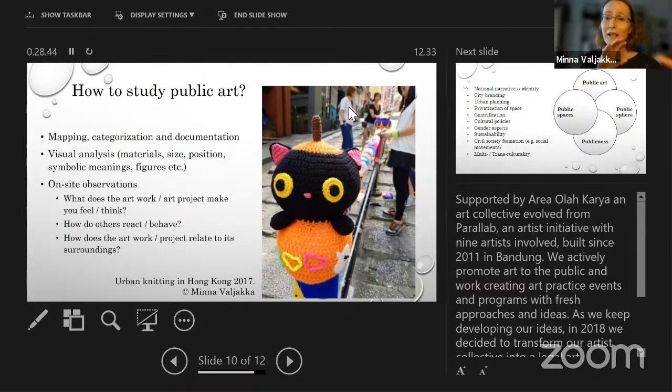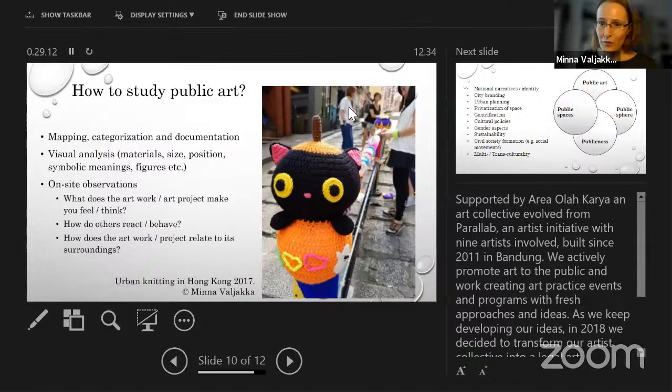Is it really fitting in? Does it disturb you? Does it disturb the people around you? Or does it actually build the community? Does it bring people together, for example, to talk about something that is important for them? So these interrelations are very important, and hence the on-site observation is really the key to researching public art.